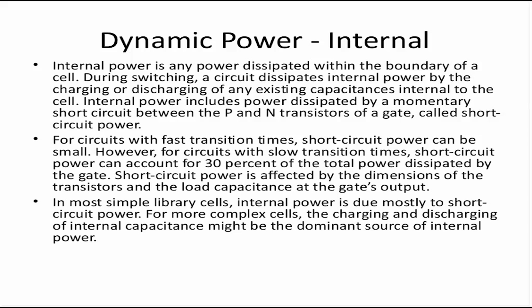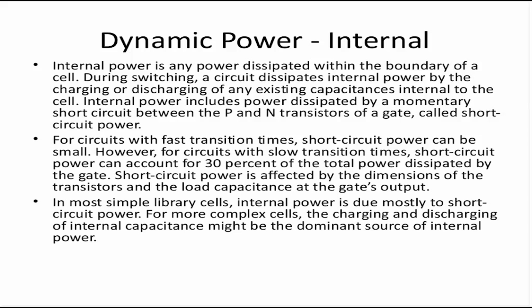This is why faster transition times are good for everything. Faster transition time means the delay is faster, because the output delay depends on the output cap and input transition time. So faster input transition times mean good delay, and they also mean less internal power, right?